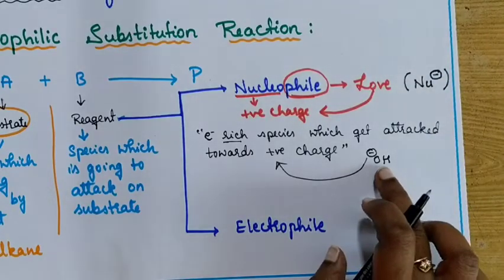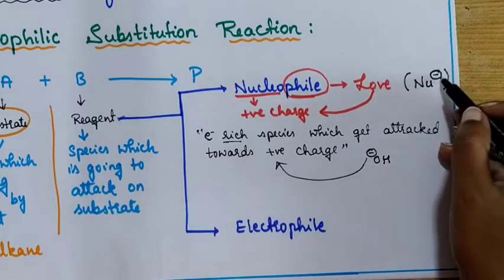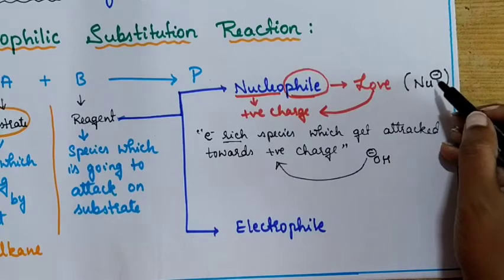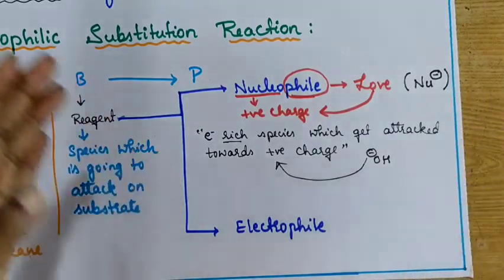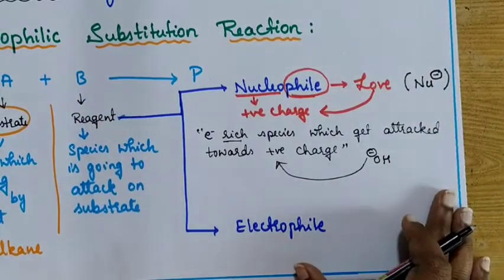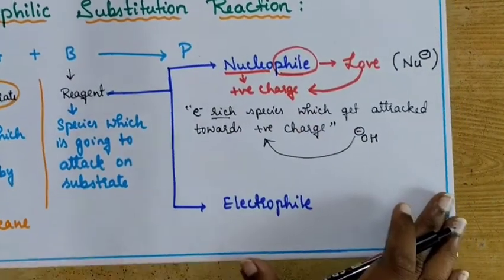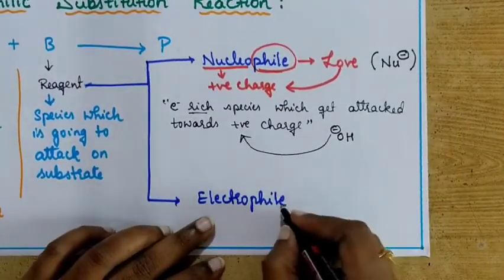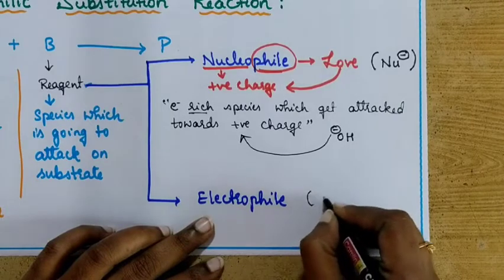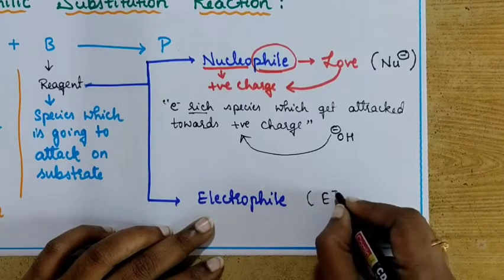For example, OH minus. This minus charge is saying it is an electron rich species and it is going to get attracted towards positive charge. Understood what is nucleophile?